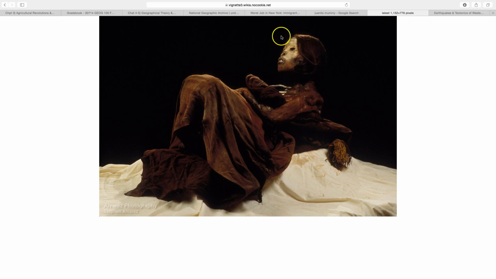She's incredibly well preserved, as you can see, because of the dry environment of the Andes and the colder temperatures.